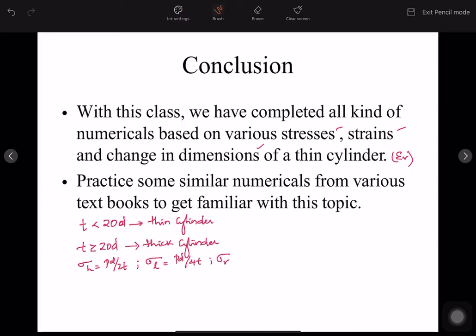We mentioned in our assumptions that as it has a negligible value, we are considering sigma r as 0, right? And because of these stresses, some strains develop: epsilon h, epsilon l, and epsilon v, the volumetric strain. And we have an equation for each of these as well.